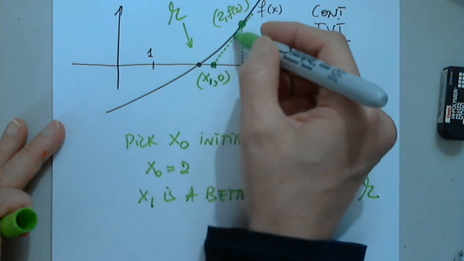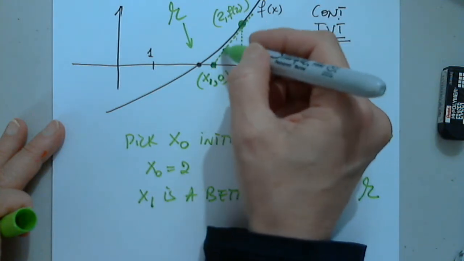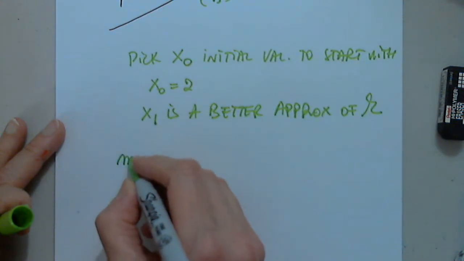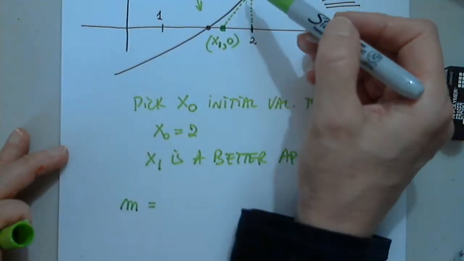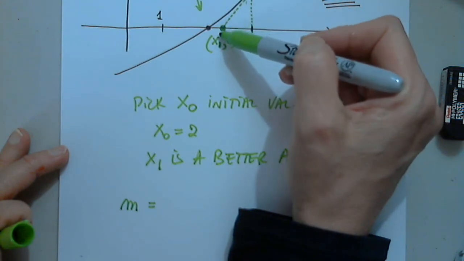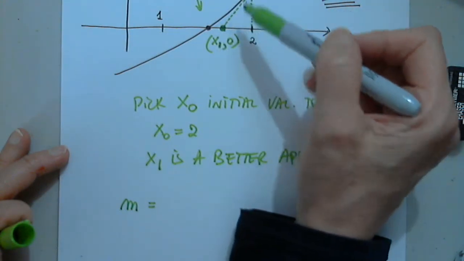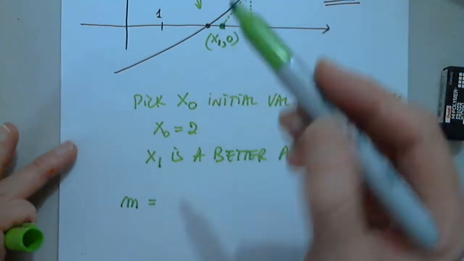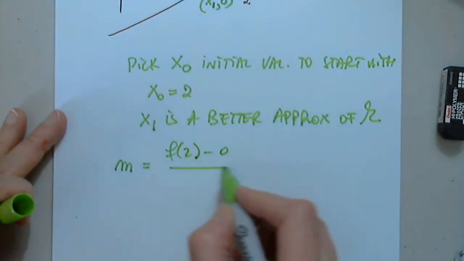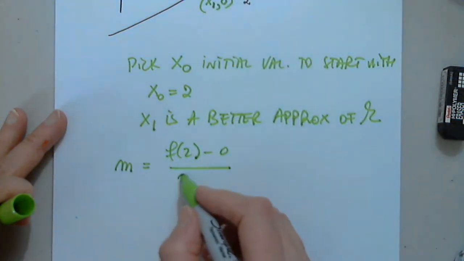Now, I have 2 points for this line, right? So I can write the slope of that line as y2 minus y1 over x2 minus x1. So I will write f of 2 minus 0 over 2 minus x1.